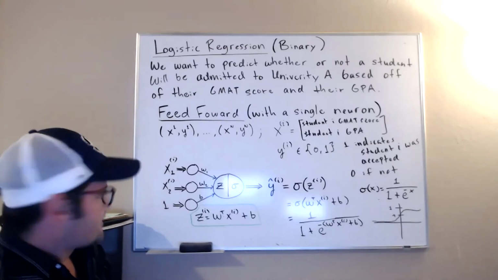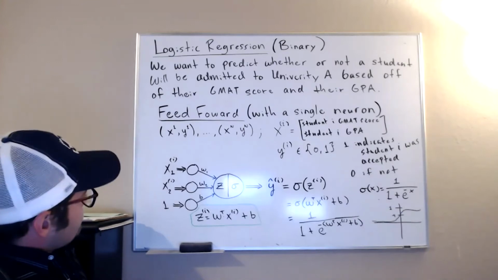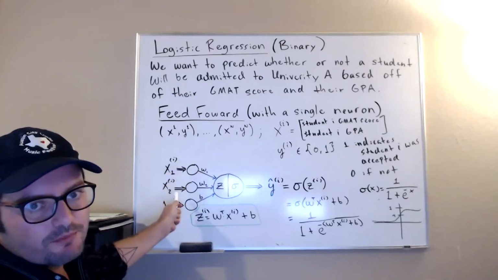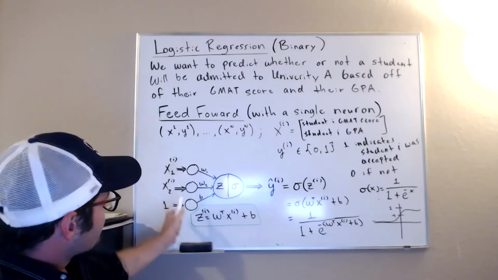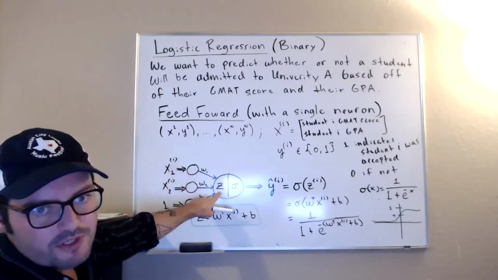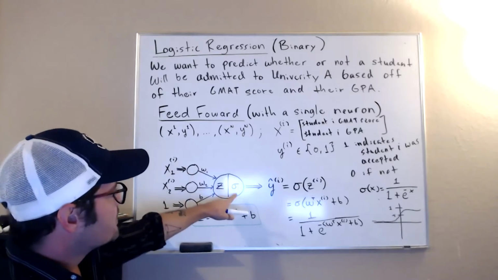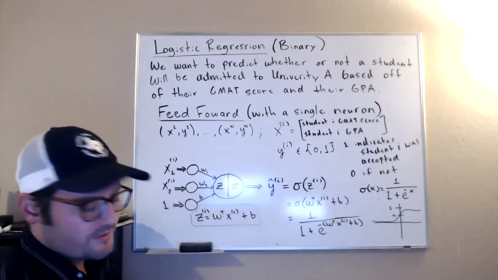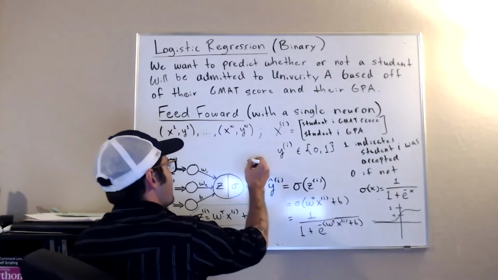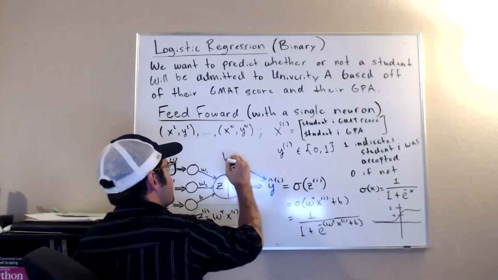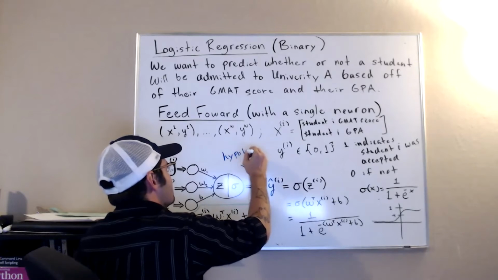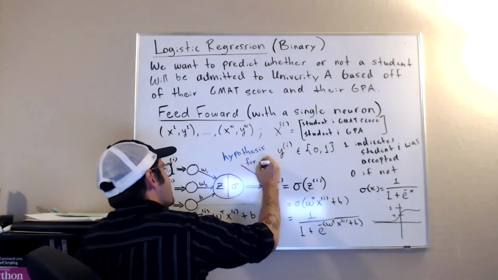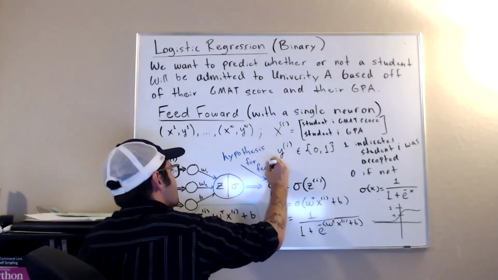So, what this ends up giving us is that for a given feature vector i, we feed the features into the neuron, take a linear combination of those features as z, and then we choose a function after the fact to feed that linear combination into to get a hypothesis, an output. So y hat here is our hypothesis for feature vector xi.